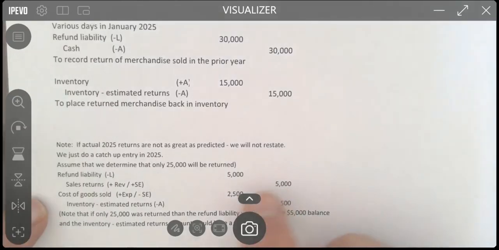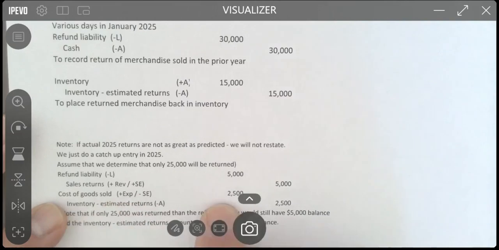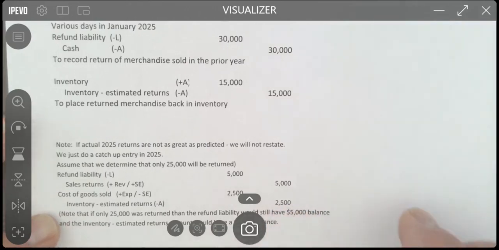Well, we go ahead and take out that refund liability, add the sales back in. That'll of course be reported in 2025, but that's okay. And then put the cost of those sales in and zero out those estimated returns at cost. And that's how you treat the correction of the estimate when it's slightly off.